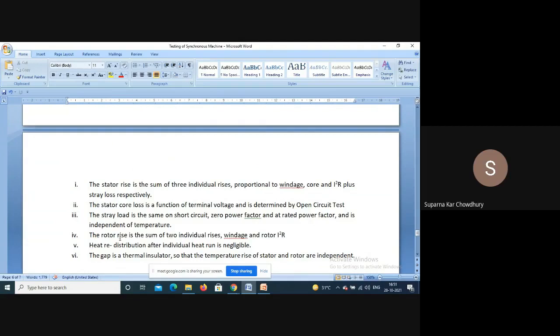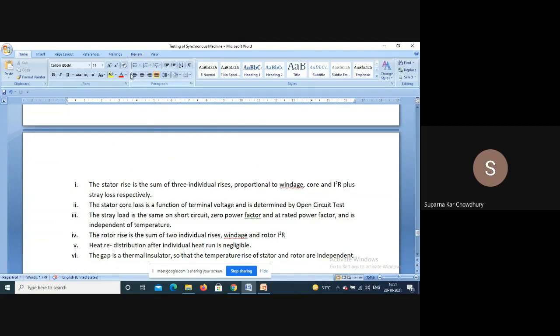Then rotor temperature rise is assumed to be the sum of two individual rises, the windage and bearing friction loss, and the I square R loss. There is heat redistribution after each individual test.